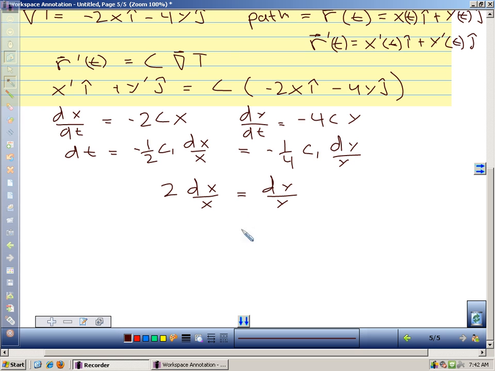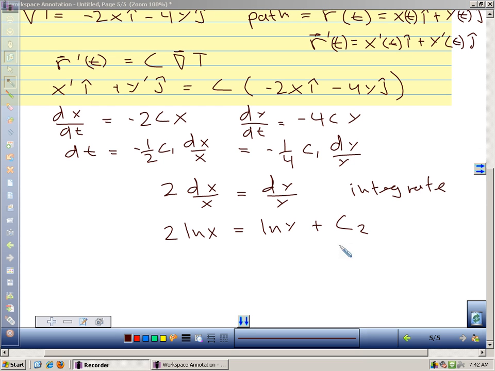Can we just take the integral of both sides? We're going to integrate both sides. So we get 2 natural log x equals natural log y plus some other constant. Change this to exponential form.